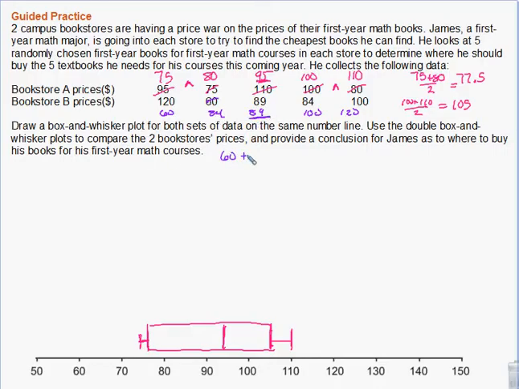So 60 plus 84 divided by 2, which is 144 divided by 2, so 72 here. And then 110 is between those two. So 60, 72, 89, 100, 110.